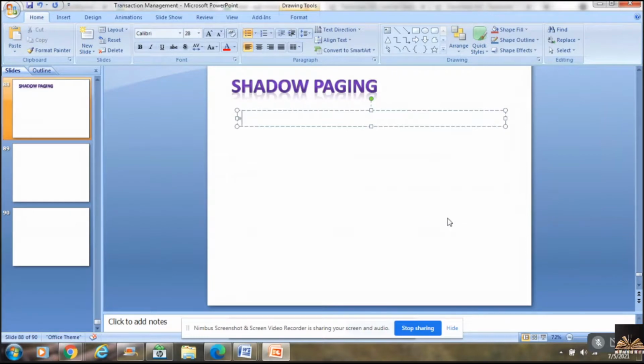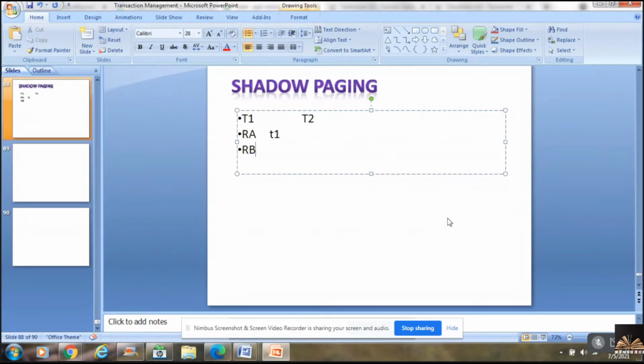Now I'm working with T1 and working with T2. And in between T1 and T2, maybe I read A. The time is T1. Read B. I'm not using locking over here.